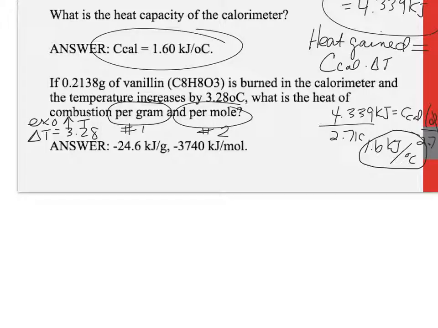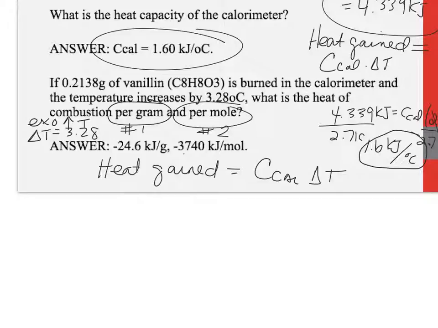Heat gained. Let's figure out heat gained first. So we can do this very easily. Our heat gained is going to be equal to our kilocalories times our delta T. So we know in the last problem we used the benzoic acid as a standard.